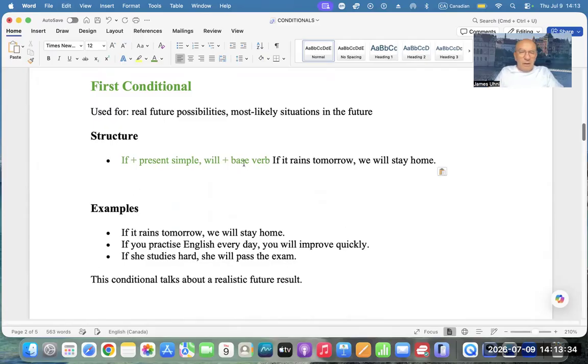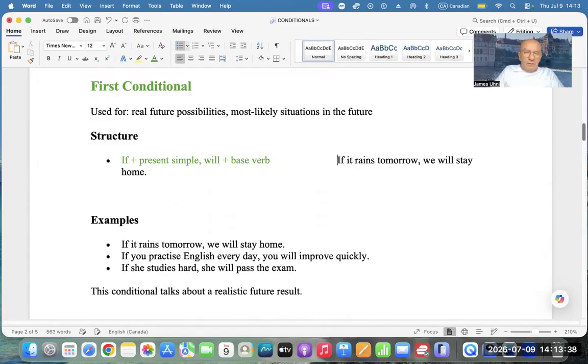Command V. And now I will write it right underneath as an example. And it will be, if it rains tomorrow, we will stay home. We can use a conjunction at home, but this is better.